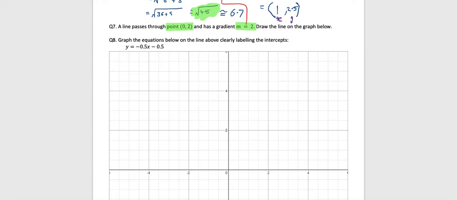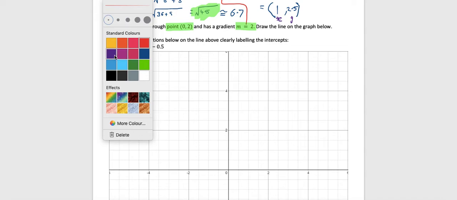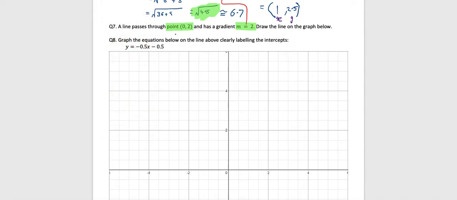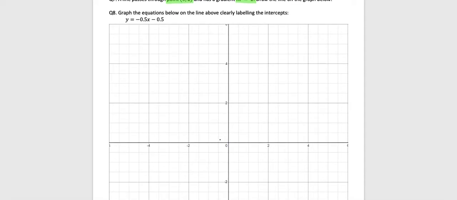Let's start by finding the location of (0, 2) on our axis. Remember, on the x we'll go to 0, and then on the y we'll go up to 2, which is here, and this is point (0, 2).